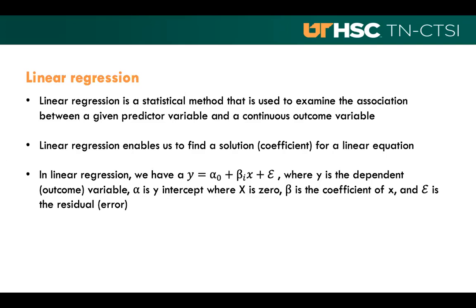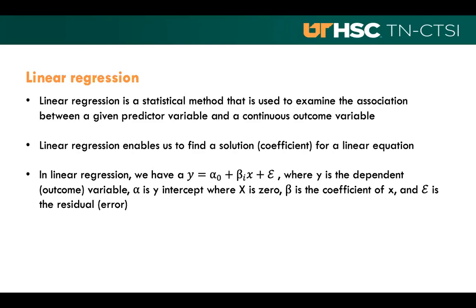So, for example, if the reference for gender is female, then the y when the x variable is female gives us the intercept, and we'll see this when we look at the output of linear regression.